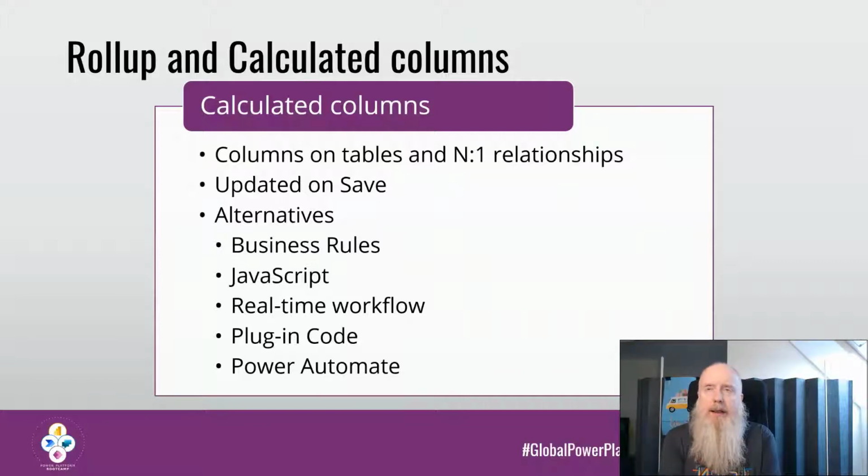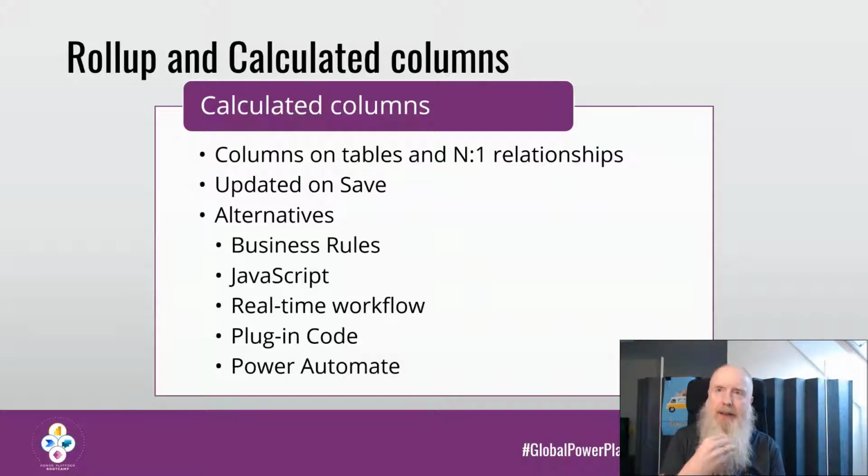One thing though is they're only updated when the record is saved. Unlike a business rule, which will update when you tab out of the field or when you change a field value. So business rules are very similar to JavaScript in the way they're calculated. The moment the user types something in, that calculation will happen. A calculated column will only get recalculated when you retrieve a record or save a record. It's actually calculated on the retrieve.